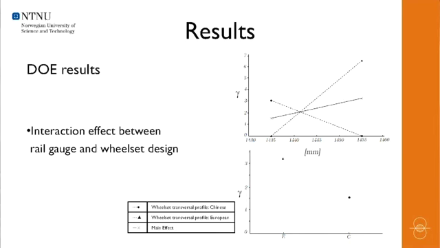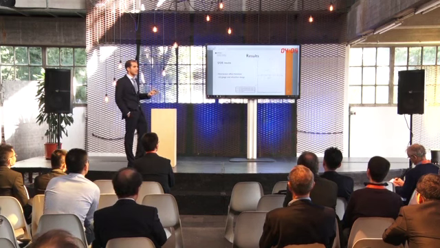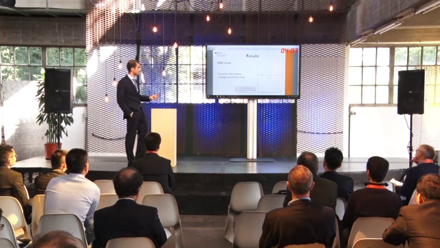Here, finally, we can see the effect of the rail gauge on the corrugation index and the interaction effect between the rail gauge and the wheel-set transversal profile on the corrugation index. Here we can see that there is a huge interaction effect between these two parameters.